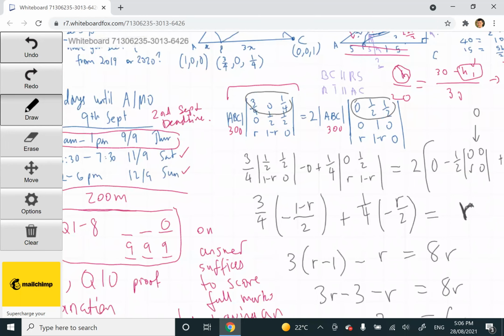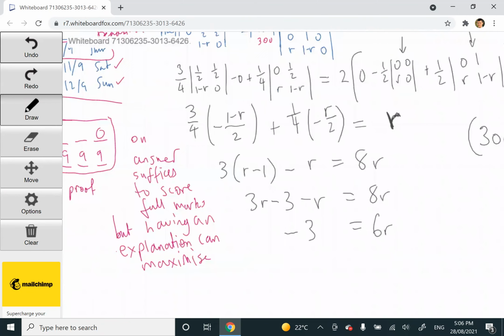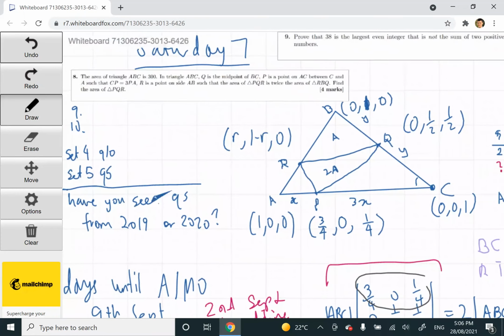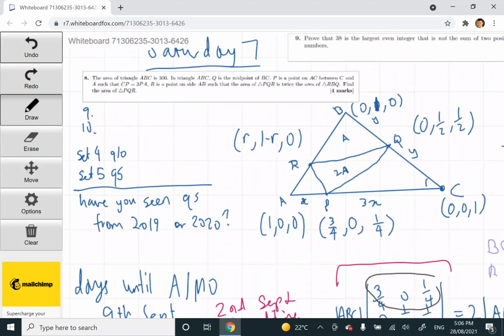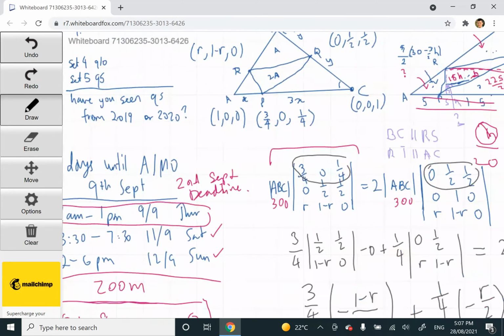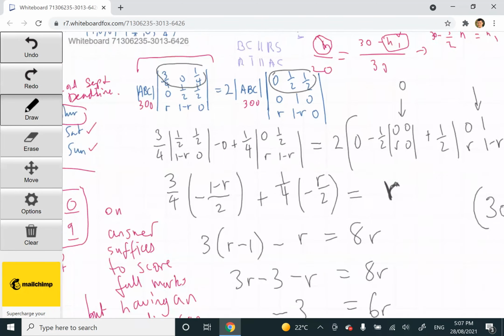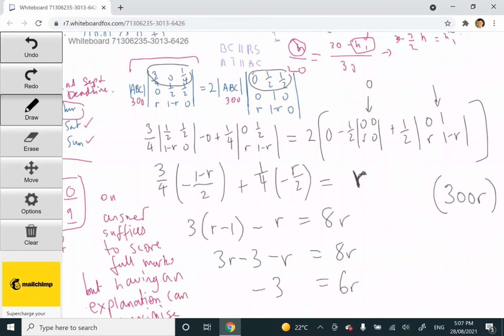They should have both been anti-clockwise, so that's fine. Yeah, plus 1/4 times 2.